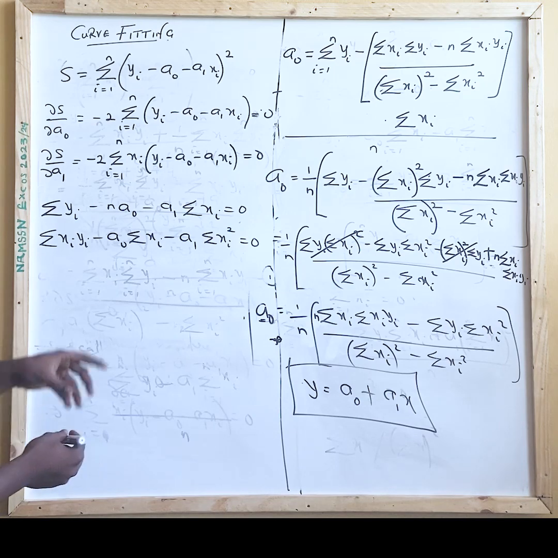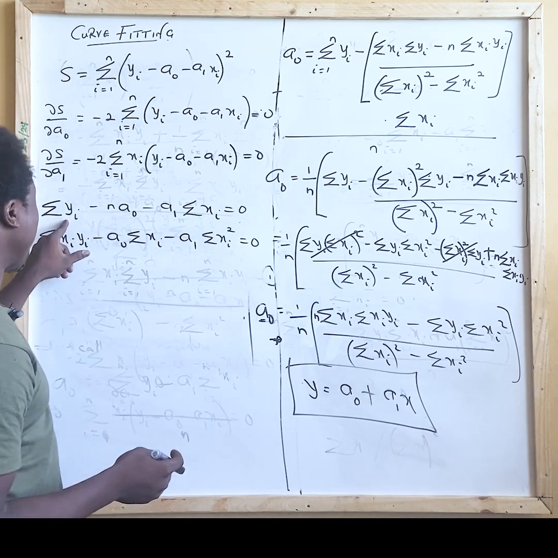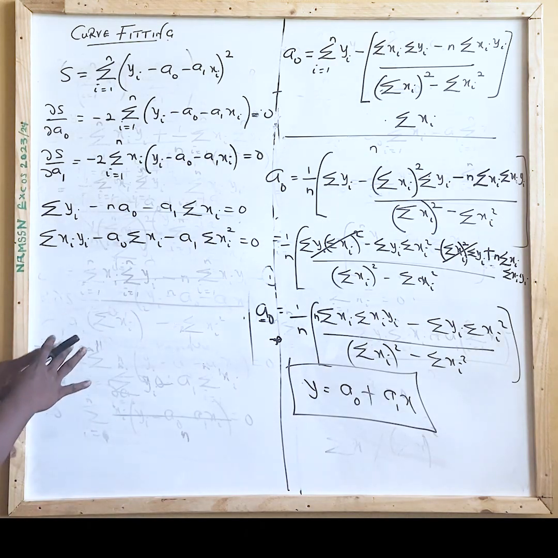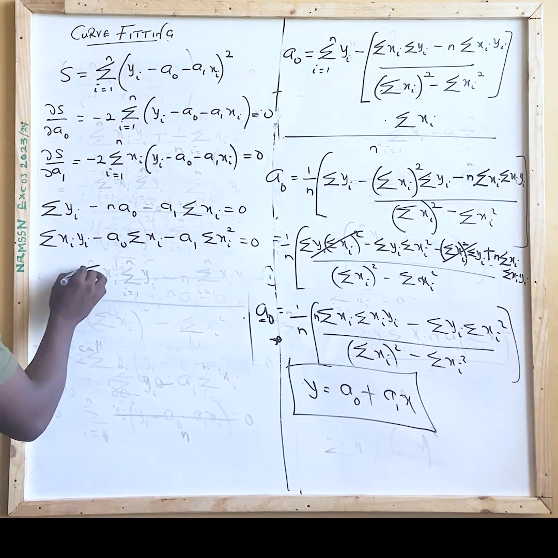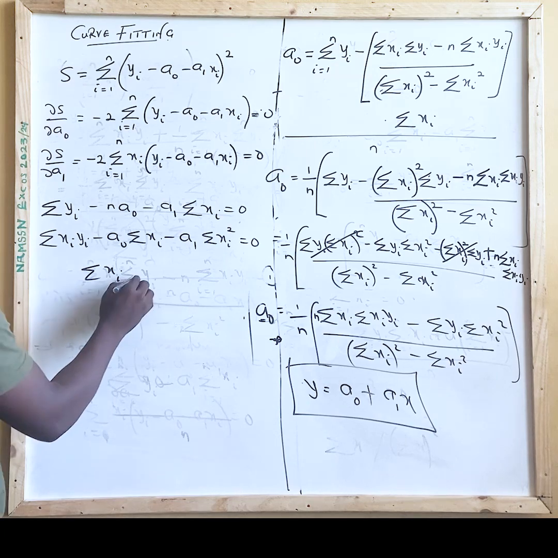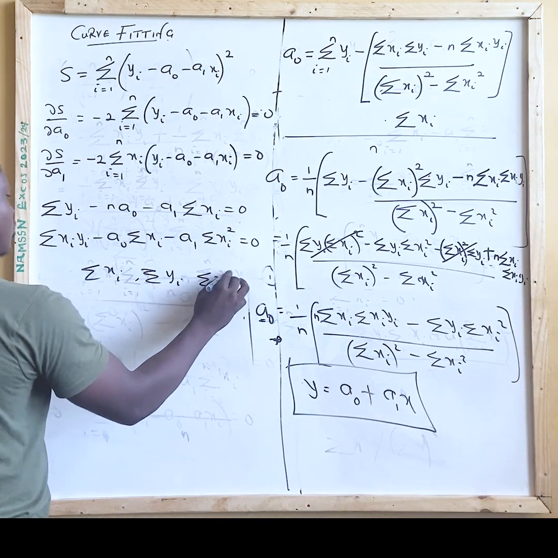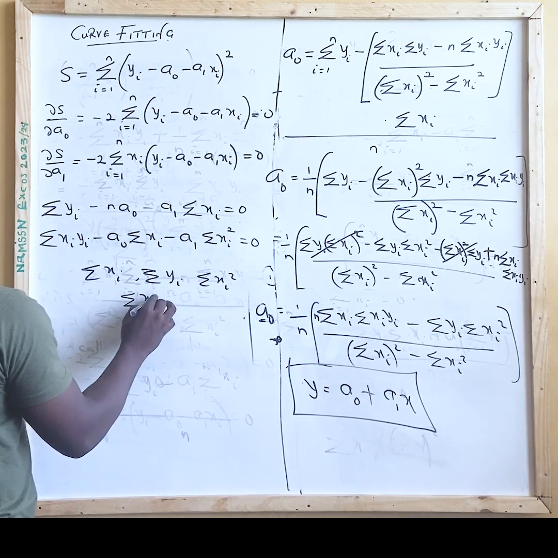Remember, we know what these values are, all these y values, yi, xi, and the likes. So from the given question, we can get summation xi, summation yi, summation xi square, and in fact, summation xiyi.